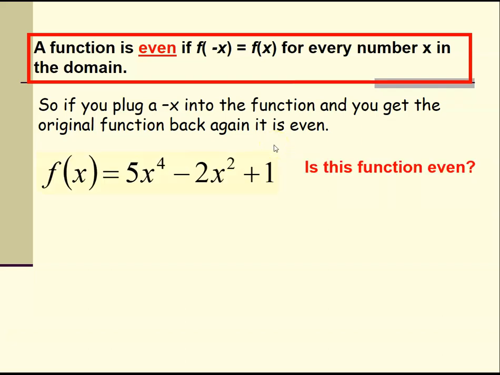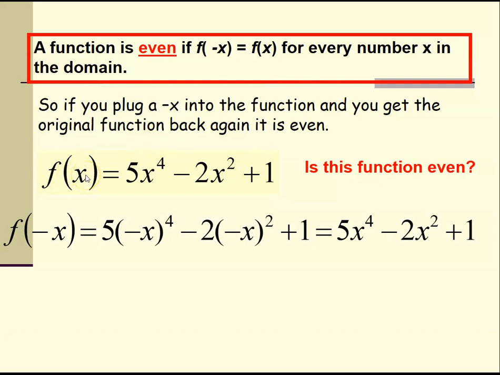For example, the function is f of x equals 5x to the power 4 minus 2x squared plus 1. To check if it is even or odd, you change the function f of x into f of negative x. So we have here 5 times negative x to the power 4 minus 2 times negative x squared plus 1.